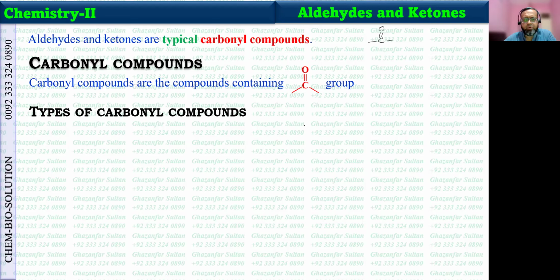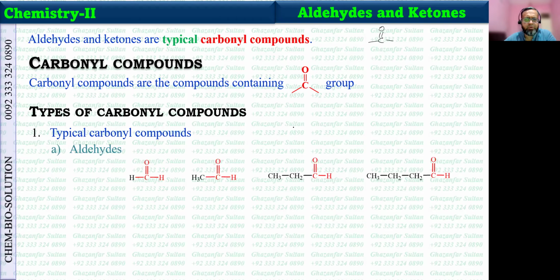We can categorize carbonyl compounds into two categories. The typical carbonyl compounds, which are generally known as carbonyl compounds, are aldehydes and ketones. An aldehyde has this group, where on one side of the carbonyl group is hydrogen.